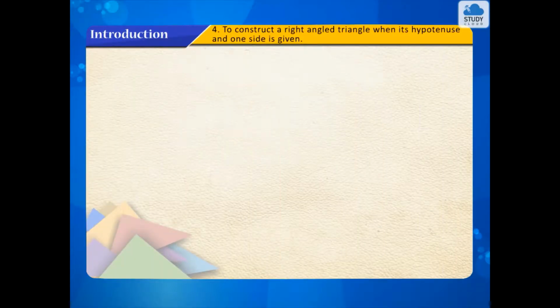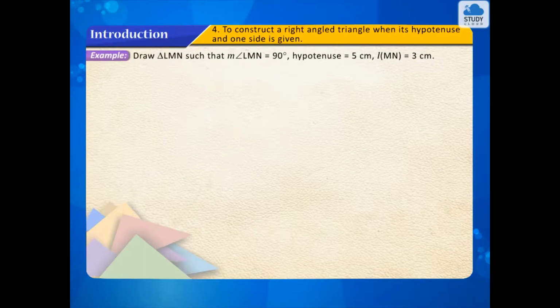4. To construct a right angled triangle when its hypotenuse and one side is given. For example, draw triangle LMN such that measure of angle LMN is equal to 90 degrees, hypotenuse is equal to 5 cm, length of side MN is equal to 3 cm.